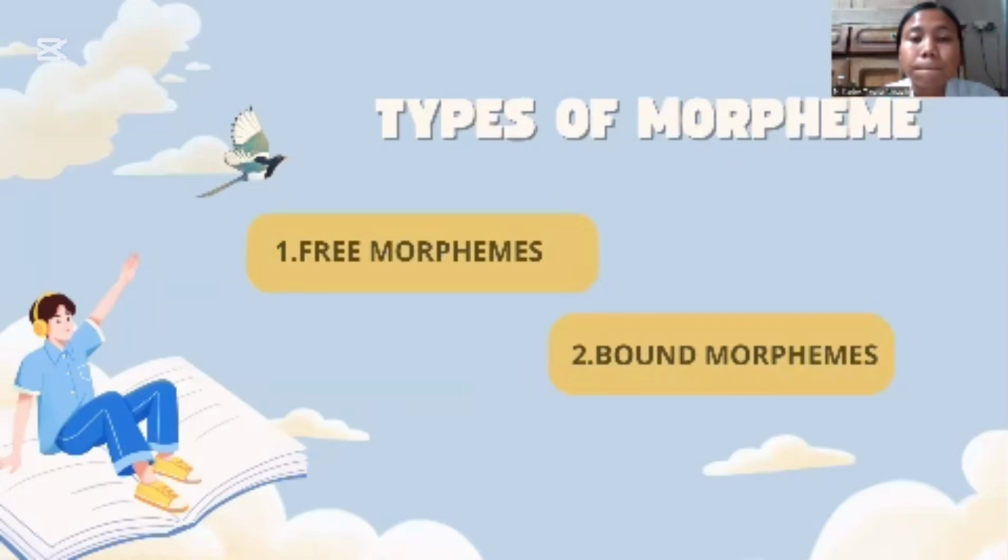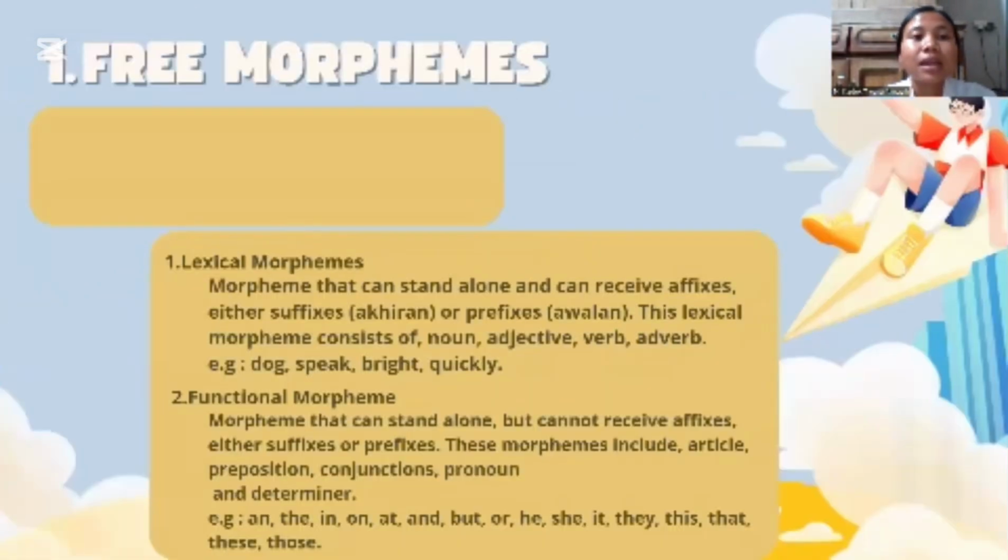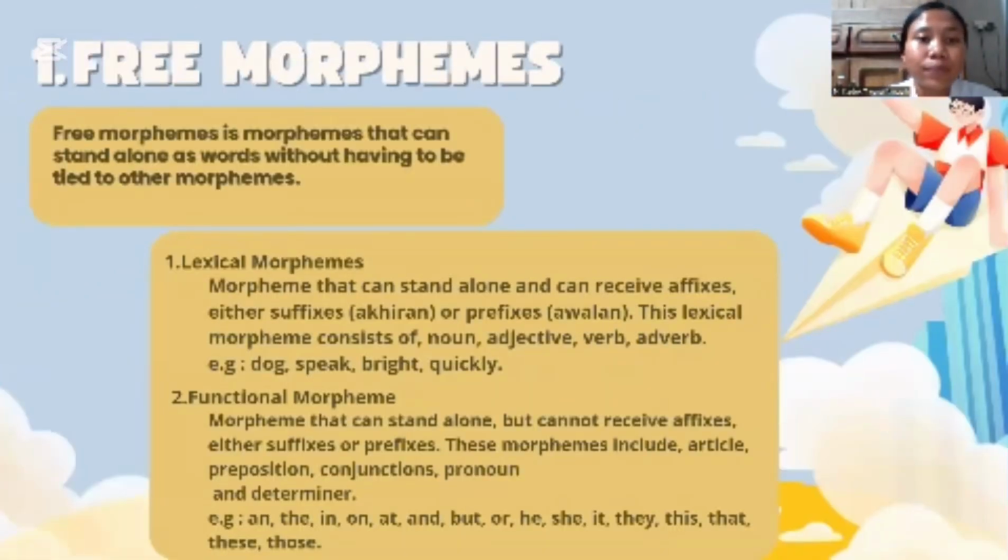And next is the types of morpheme. So guys, morphemes are classified into two primary types. That is first, free morphemes, and second, bound morphemes. Now, I will explain the two classified types of morpheme. The first is free morpheme.